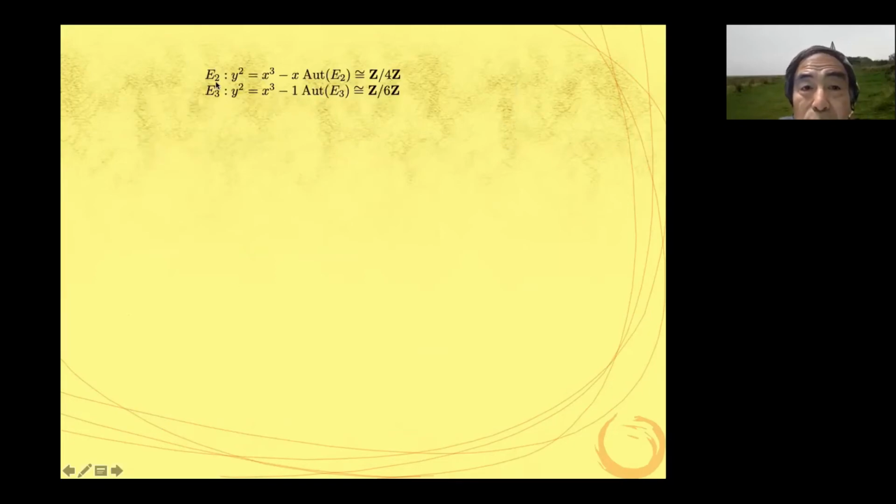We consider two special elliptic curves. E2 is the elliptic curve defined by this equation, and its automorphism group is isomorphic to Z over 4Z. And we denote by E3 the elliptic curve given by this equation, and the automorphism group of E3 is given by this.